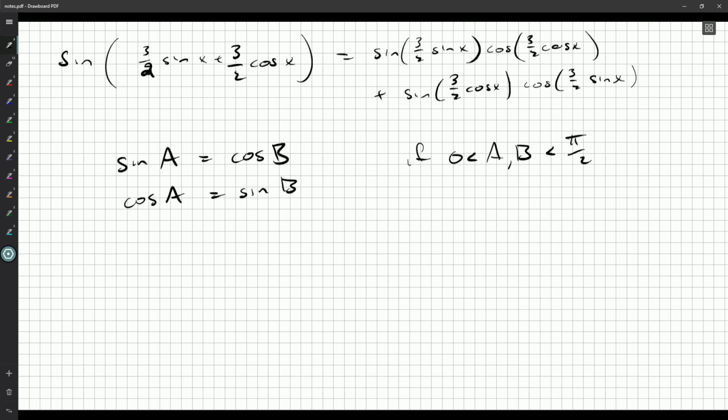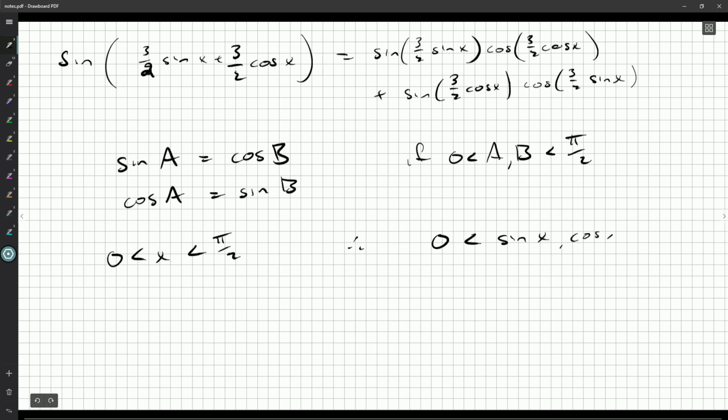Yeah. So that's true. So here's what I want to do. So x is in the first quadrant. So sine x and cos x are both between 0 and 1.